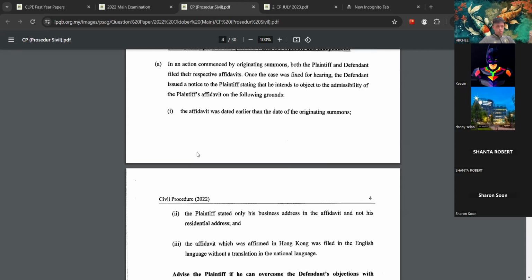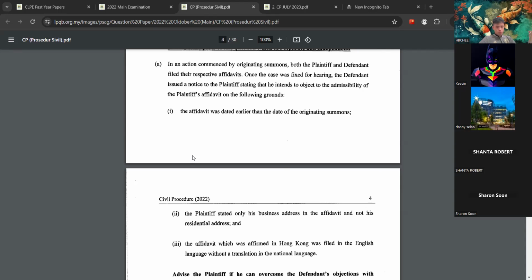The second question will ask whether the contents contain certain irrelevant allegations without any proof or evidence. The third type will be about the language barrier.